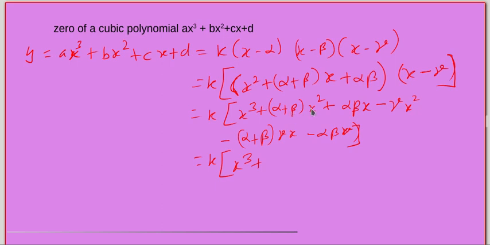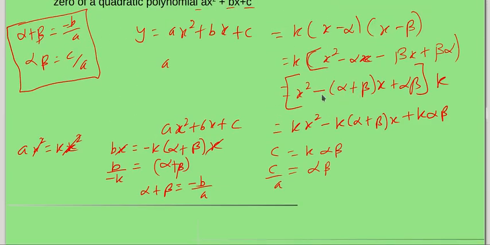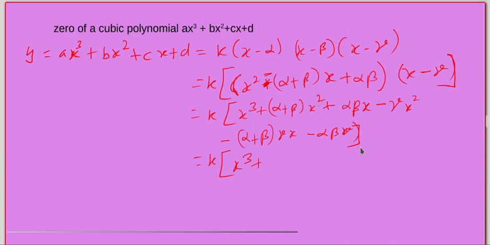Then for x square, here one x square is there, with a negative sign in this term: minus alpha plus beta into x square.